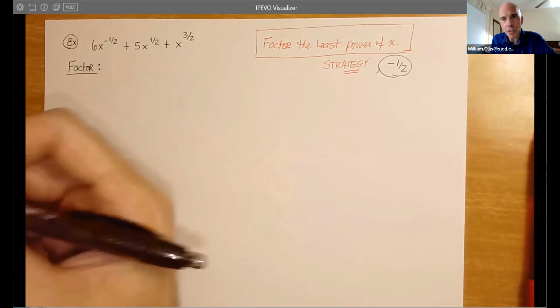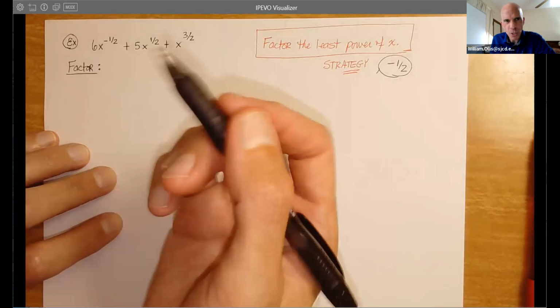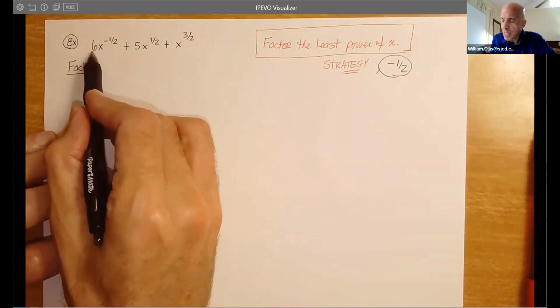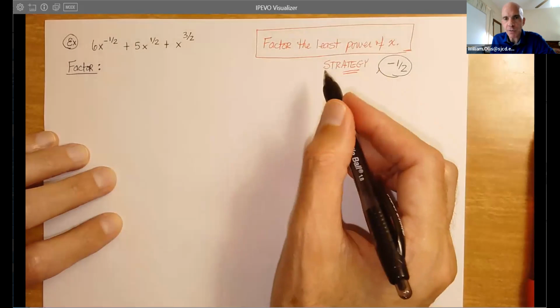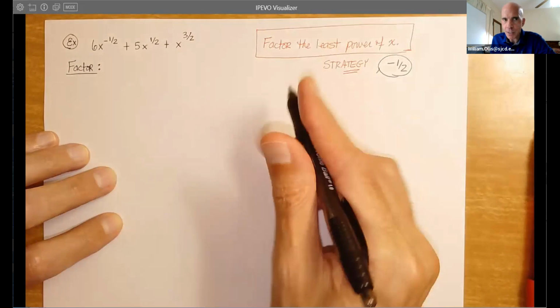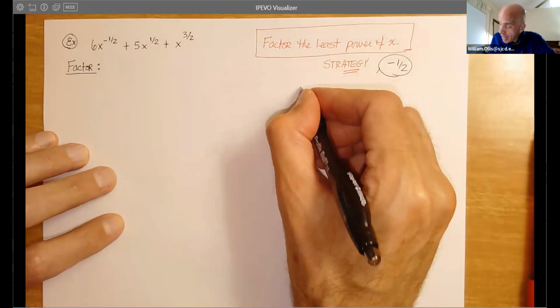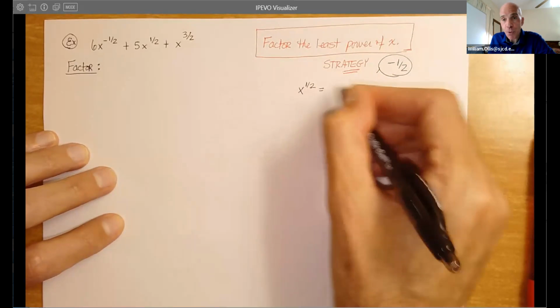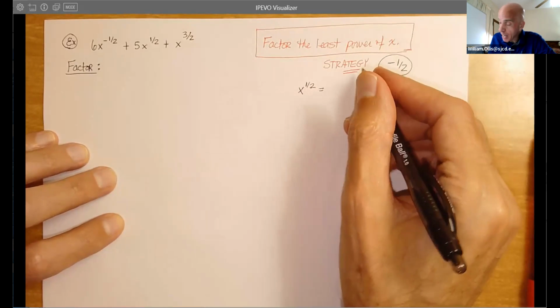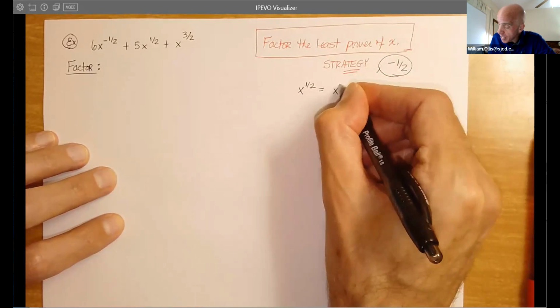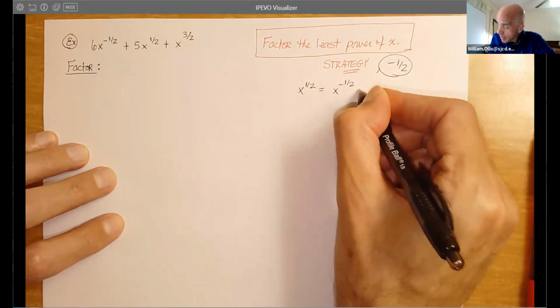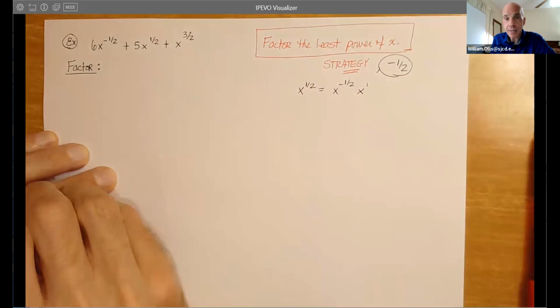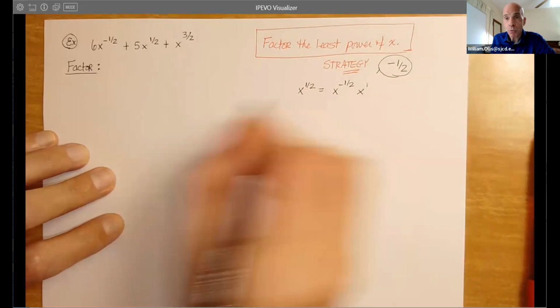Now I want to show you a little trick here so this doesn't seem so crazy. Notice first 6, 5, and 1, they're all relatively prime. So we don't have anything to do there. But notice x to the 1/2 can be written as a product with x to the -1/2 in it. Just do a little bit of algebra. x to the -1/2 times x to the 1, or just x. Those are equal.